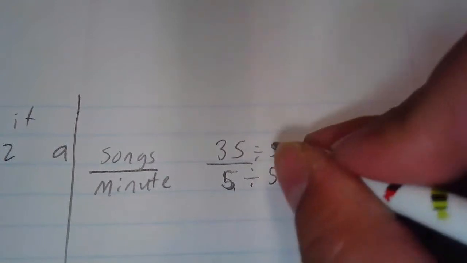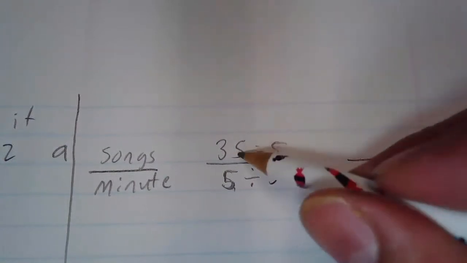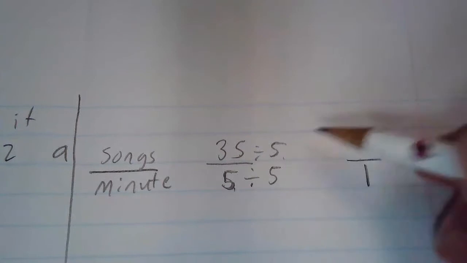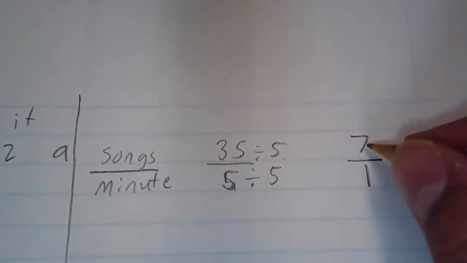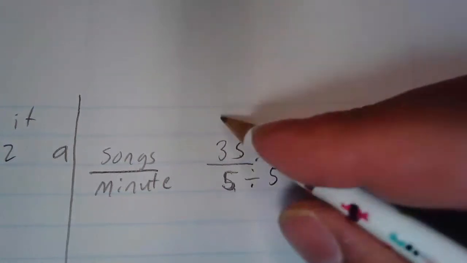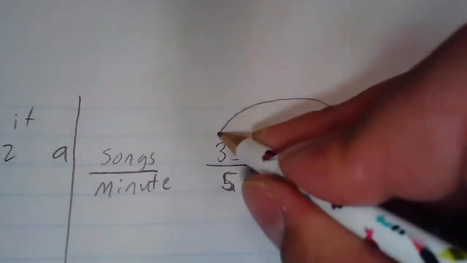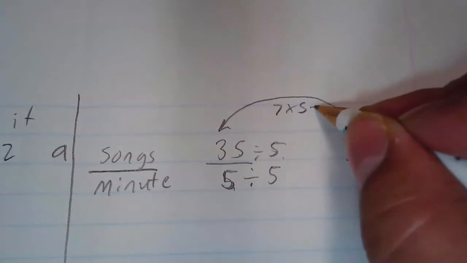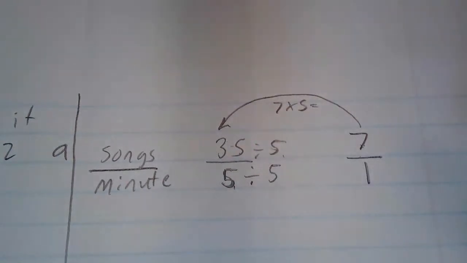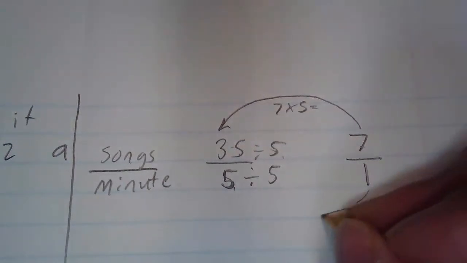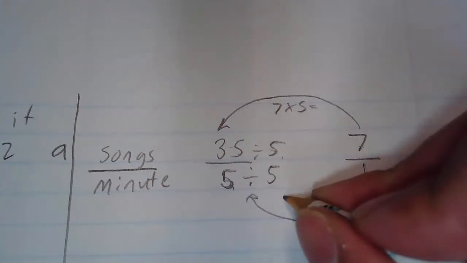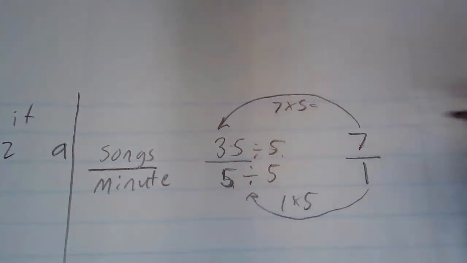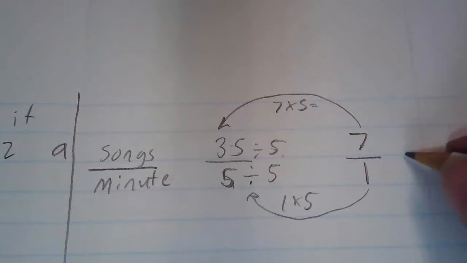And that means you do the same thing here. Again, 35 broken up into 5 groups means each group's going to be 7. How do I know that? Because 7 times 5 is 35. And just again, if you want to verify, 1 times 5 is 5. Okay, 7 songs.